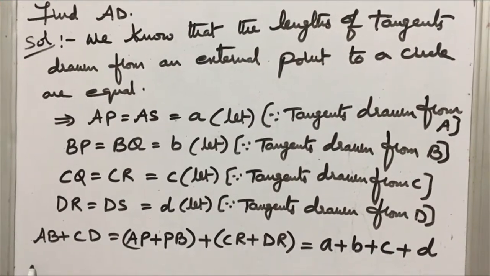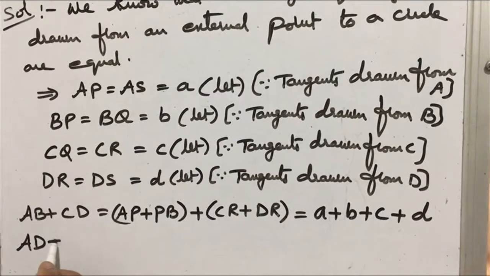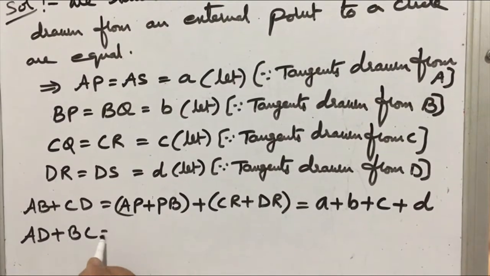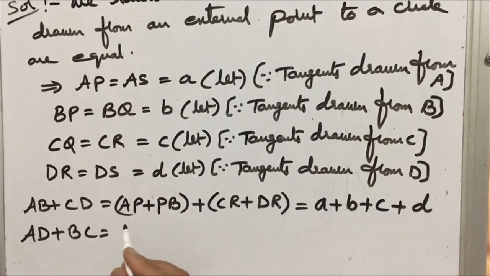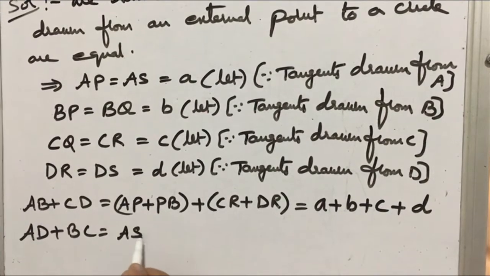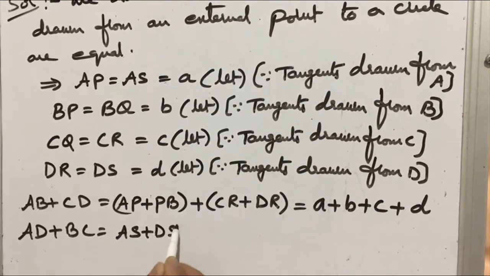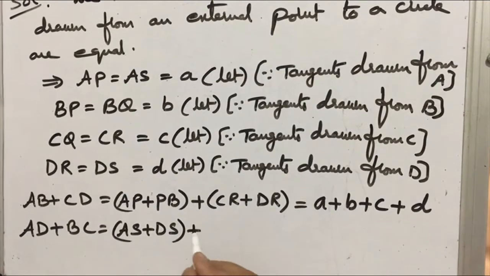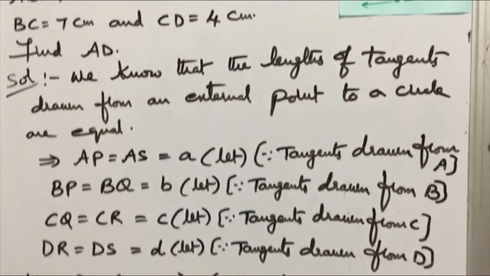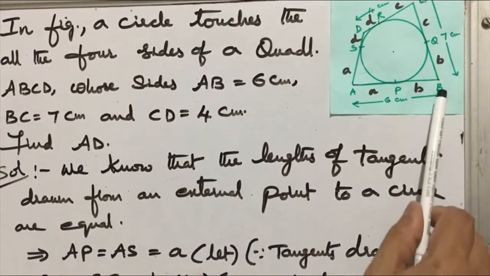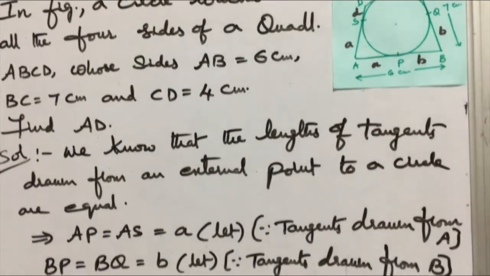Coming to AD plus BC. AD, how to write it? AD is nothing but AS plus DS, plus BC I am writing like BQ plus CQ.